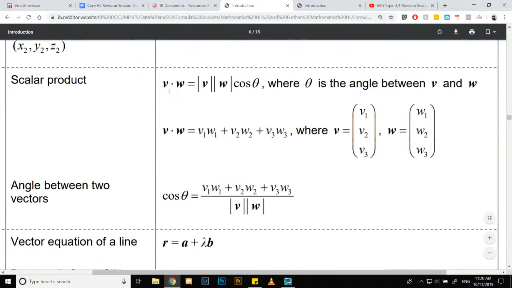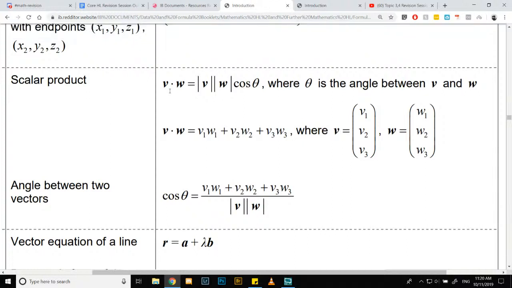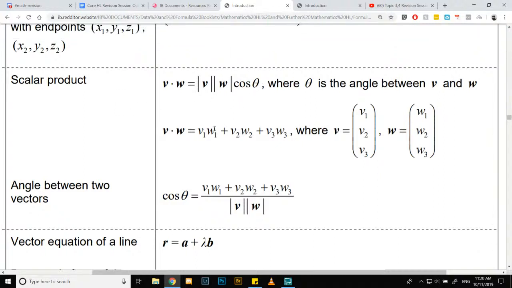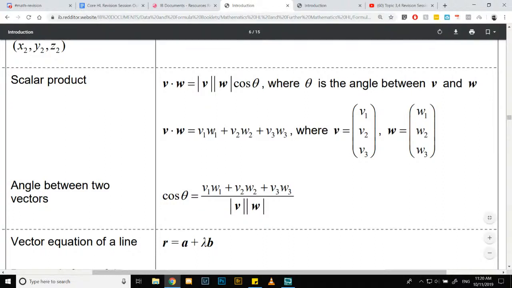You should notice that if the dot product, the scalar product, of two vectors is 0, then theta must be 90 degrees, because cosine of 90 degrees, cosine of pi over 2, is 0. So this whole thing will just become 0. If the scalar product is 0, the vectors are perpendicular to each other. You don't necessarily have to use the other formula; you can use this one. If you calculate this and it averages out to 0, then you know that theta must be 90 degrees, which means they're perpendicular to each other.